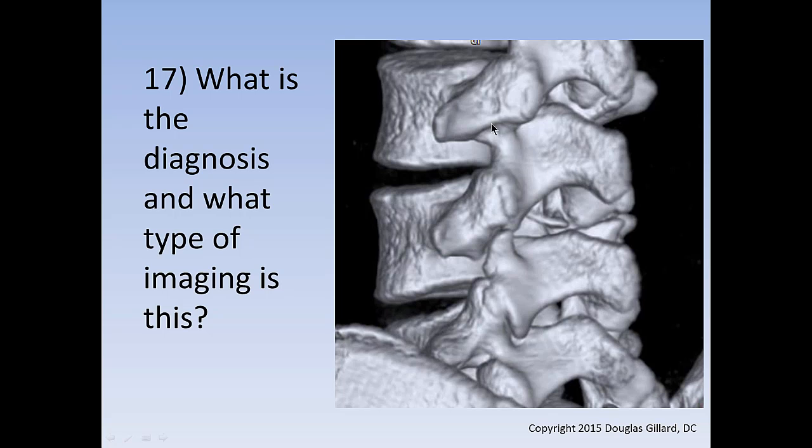From all those slices that we took, the computer can actually rebuild whatever it's looking at. And this is obviously the lumbar spine. What kind of view is this? Good. This is an oblique view. You can actually see there's the transverse process. Pedicle would be right here. There's the neck of the Scotty dog. There's the foot.